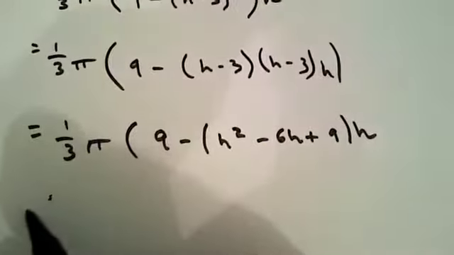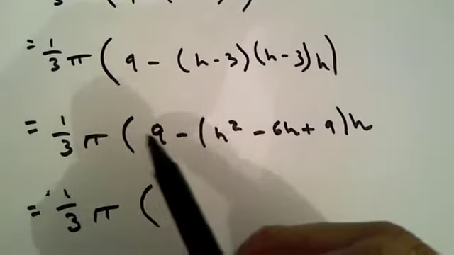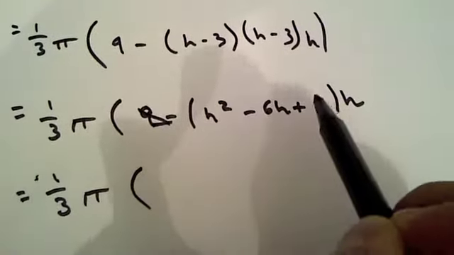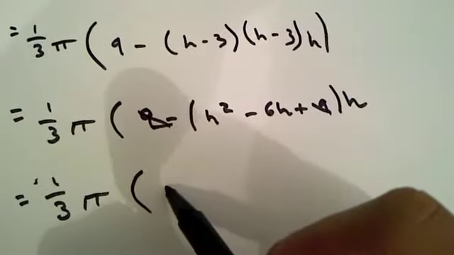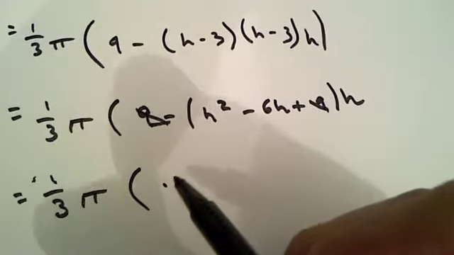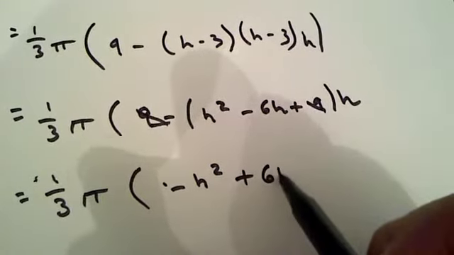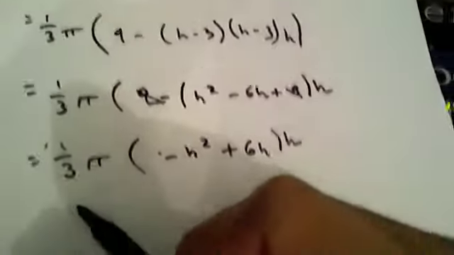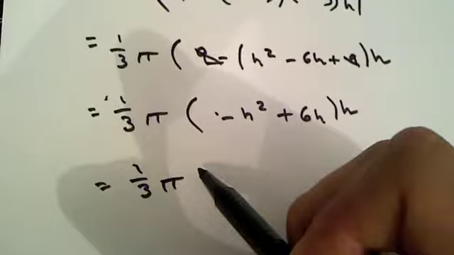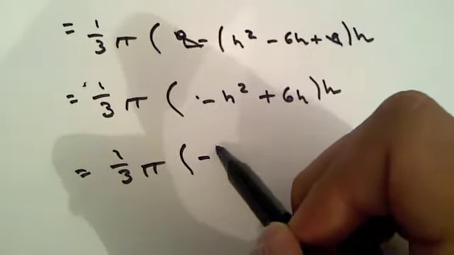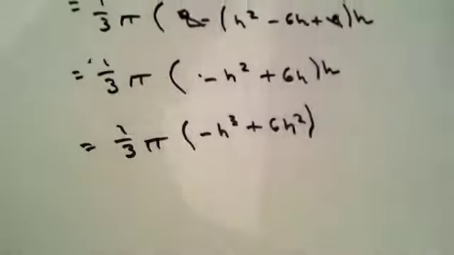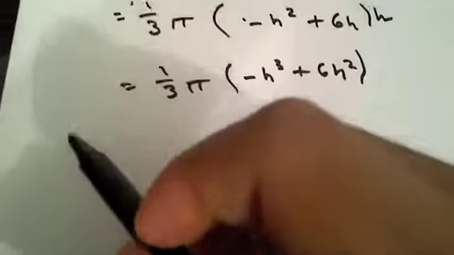You can simplify your equation by canceling out the 9's, and distributing the negative, so you will have negative h squared plus 6h, times h. You distribute the h and you will have 1/3 pi times (negative h cubed plus 6h squared). Now you have a simpler equation and you're ready to differentiate.